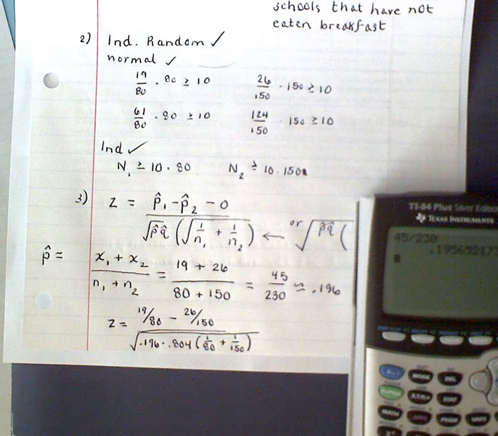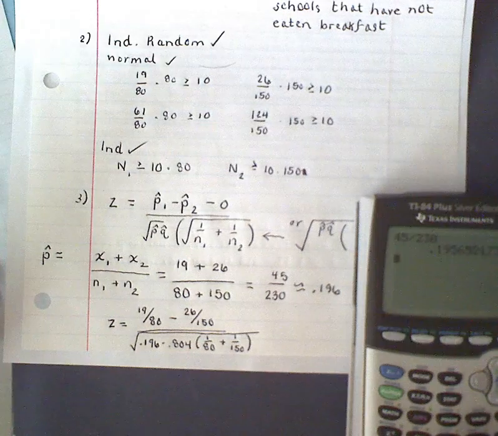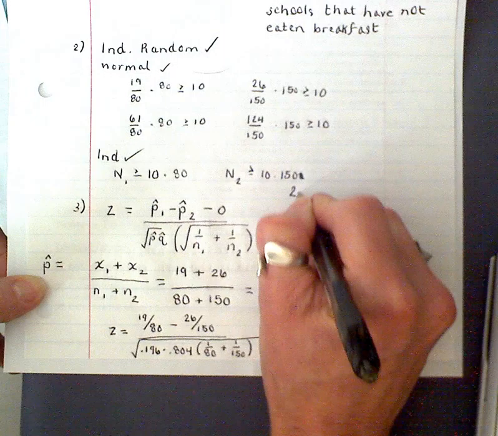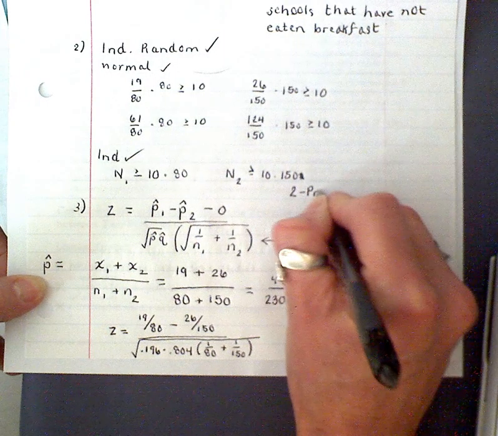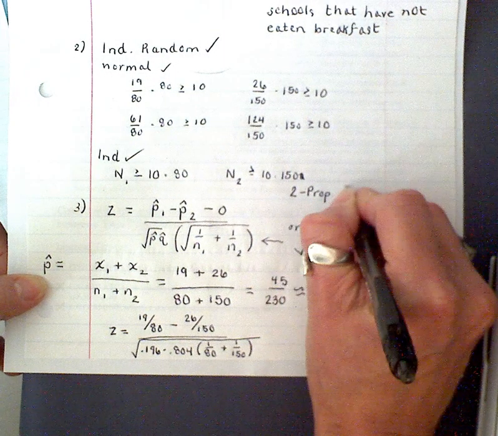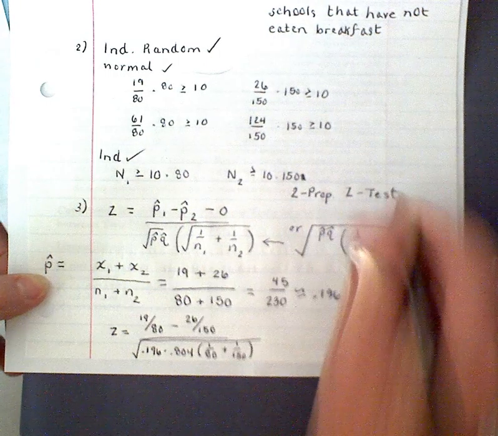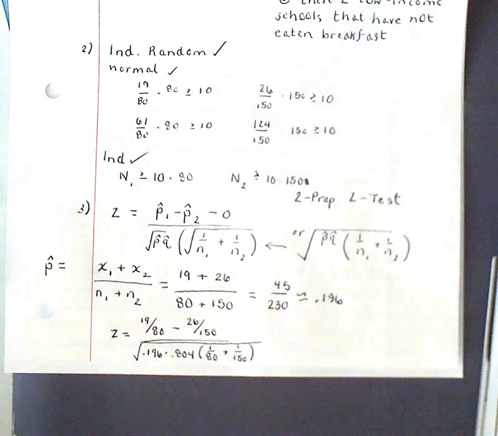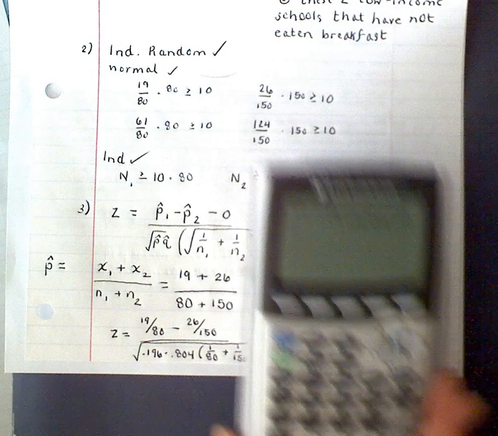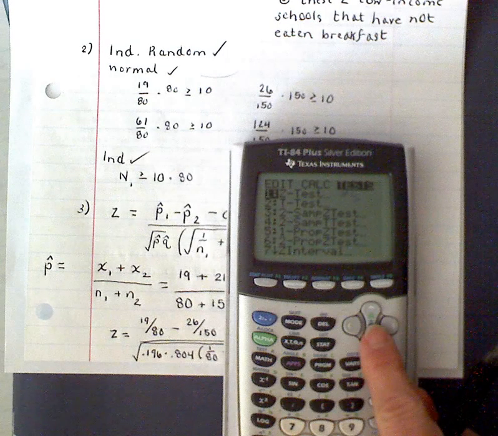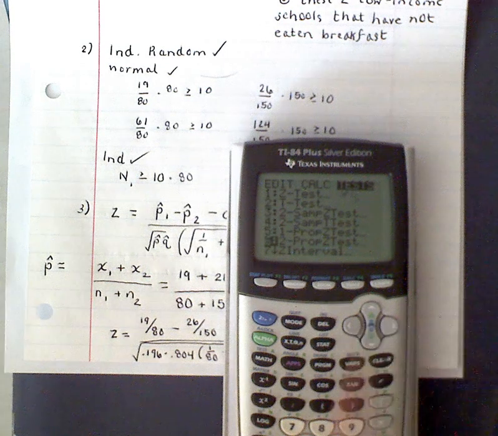So I'm going to go and find this two-proportion z test. Okay, two-proportion z test. So if I go to my stat test menu, two-proportion z test is option 6.